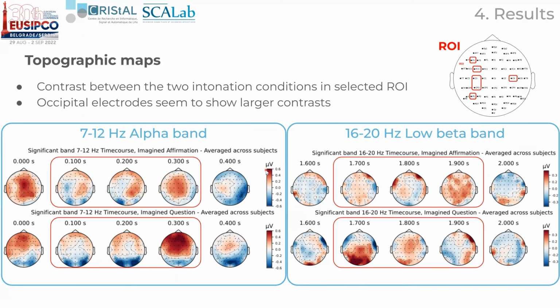We have on the right, also for both intonations, the maps of the 16 to 20 Hertz bandwidth from 1.6 to 2 seconds. But we also observed a difference in other electrode groups, as you can see here in the occipital region for both bandwidths.